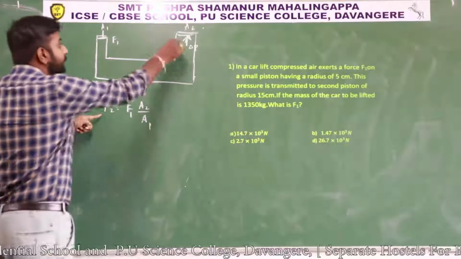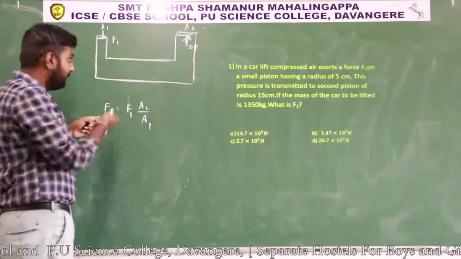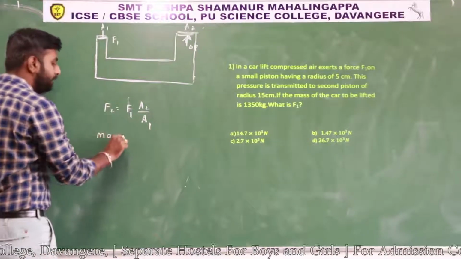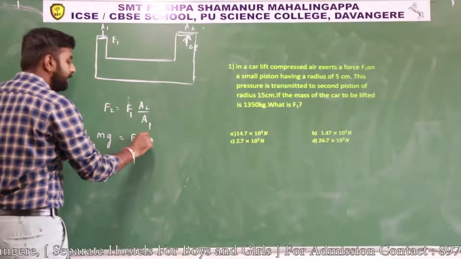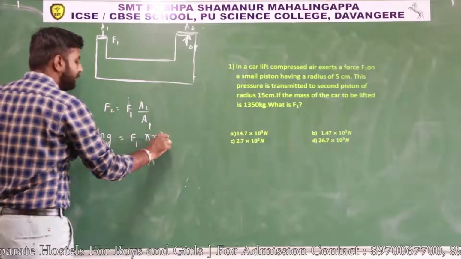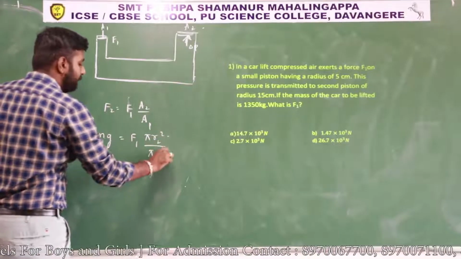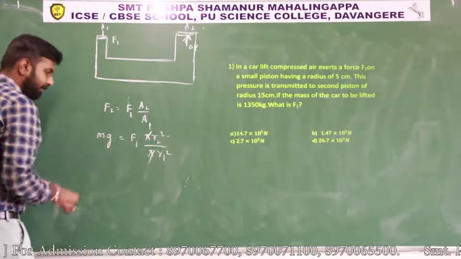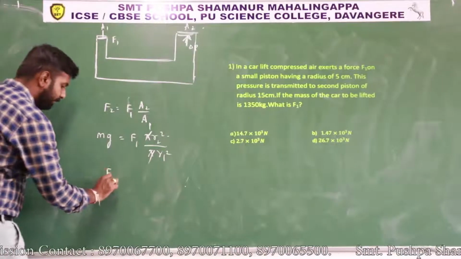For that F2, what is present here? The car, right? That weight, that force, I can write as mg equals F1 times pi R2 square divided by pi R1 square. The pi and pi will get cancelled. Substitute the values and find the value of F1.